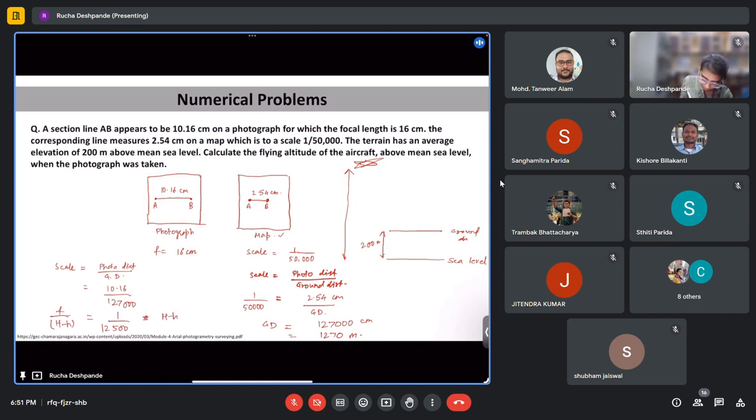So height above the terrain would be 2000 meters. So this height is 2000 meters. So the flying altitude of the aircraft would be 2000 plus 200 above the sea level. So it would be 2200 meters.